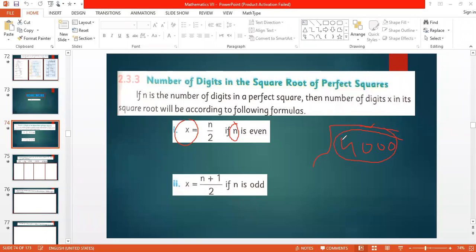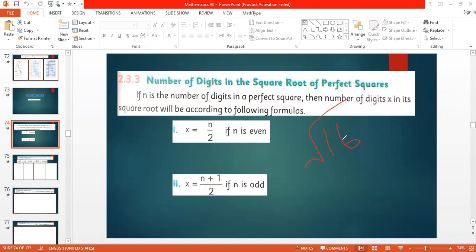And how many digits will there be after finding the square root? When we find it, we will have a number. So how many digits will be in that number?